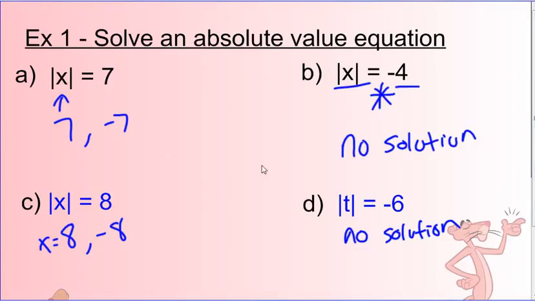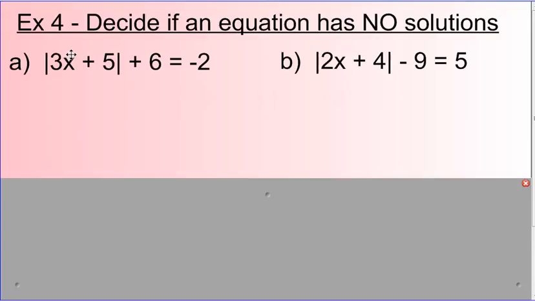And you're not allowed to have absolute values equal to a negative. So, as we're solving this next set of problems, if we get the absolute value stuff equals a negative, then there cannot be a solution because absolute values cannot equal negatives.